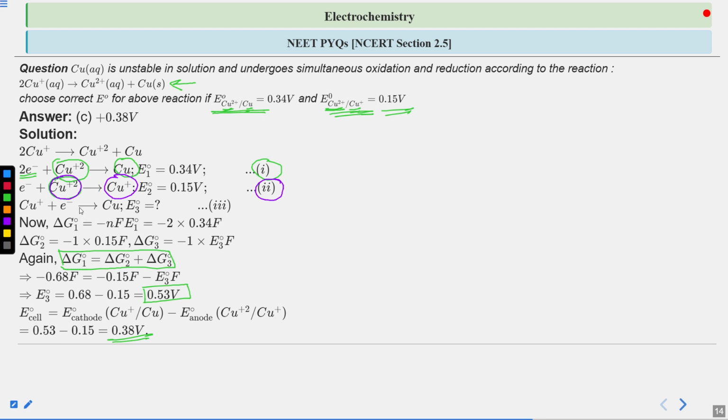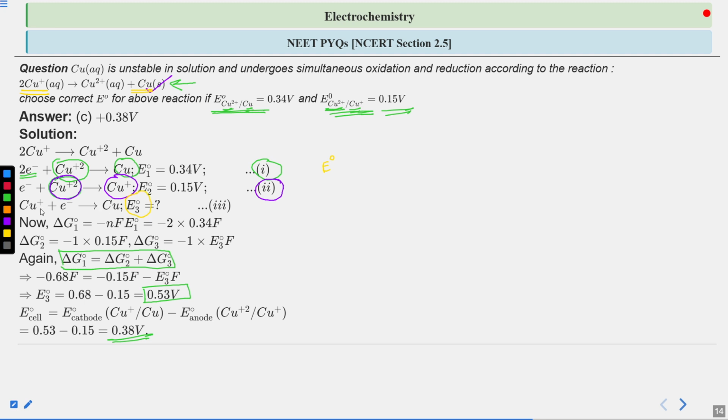The remaining conversion as per the given reaction is copper positive converting to copper, because in the main reaction copper positive is converting to copper, but we haven't divided the reaction like that. So for this conversion also we have to get the E0 value, which is not given in the question. The 2 E0 values given are for the reactions we wrote, but for E0 3 we have to calculate what it will be.